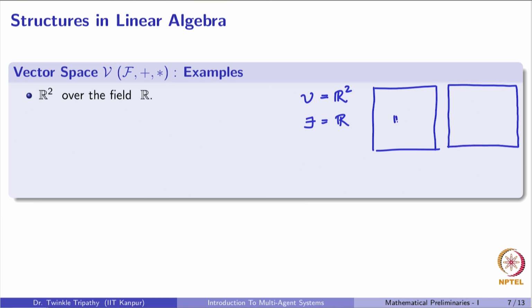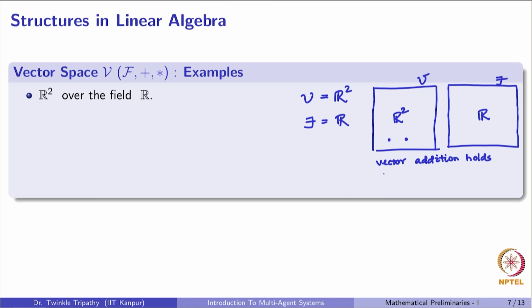This is R2, this is R. Now it is very easy to check that whenever I am taking any two elements here and adding them up, obviously it belongs to R2 itself, and we know that R2 has the origin, which will serve as the additive identity, and it can satisfy associativity as well. So we know that vector addition holds. Oh, sorry, this should be R. So this is my field, this is my vector space.